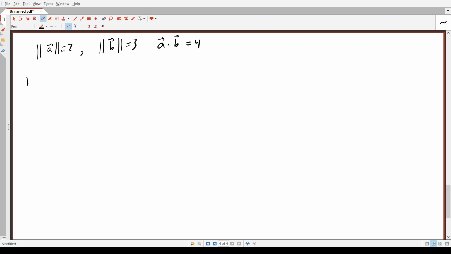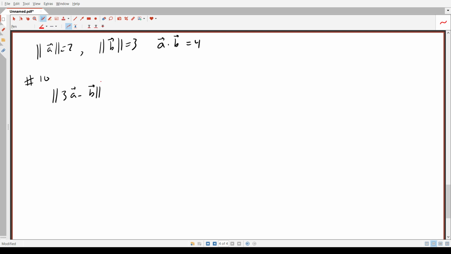So number 10 is evaluate the norm of 3A minus B. So this might seem weird that we have to evaluate this norm and we don't actually know what these vectors are. But I'm going to square this for now. Let me put that in red so I remember to come back to it.